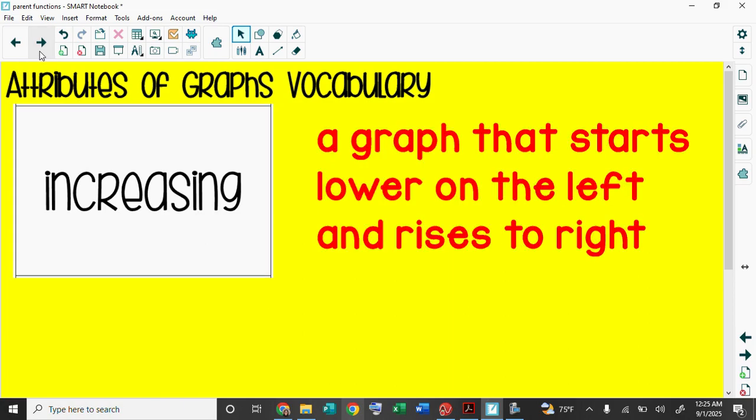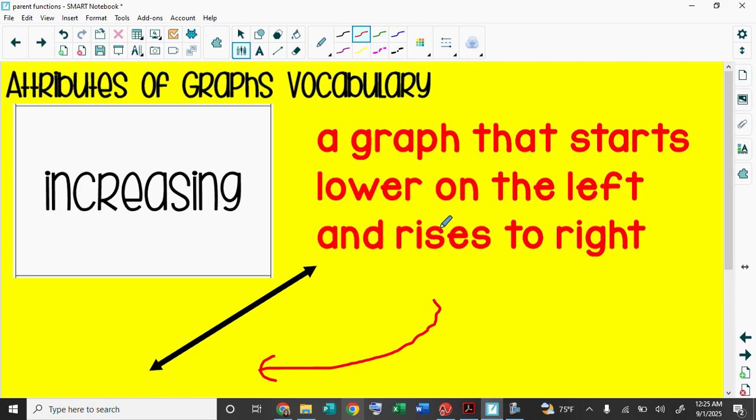Our next word is increasing, a graph that starts lower on the left and rises to the right. It could be a line. It doesn't have to be a line. It could be something that looks like this, that starts lower on the left.